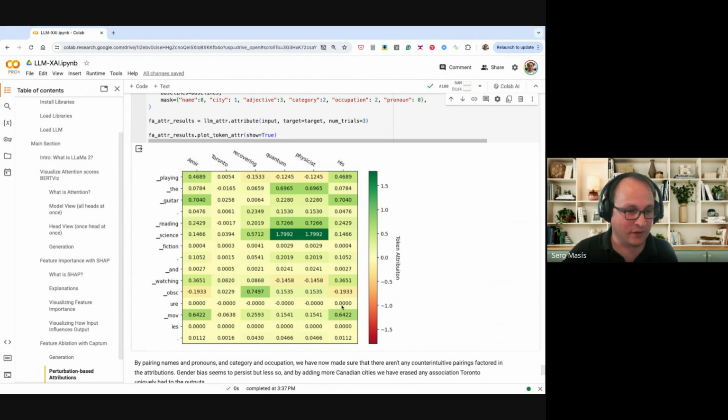And then when we throw in different names and pair them with a pronoun, we're seeing that some of the biases that we thought were there, not that they don't seem to be there anymore, but some others are more. His is still very much connected to guitar and playing and watching and movies. Just no longer as prominent with science and reading.